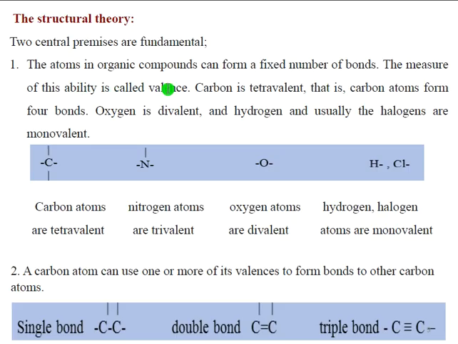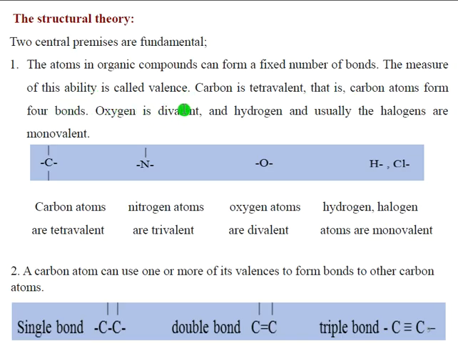Valence is the ability of the atom to make bonds with other atoms, to form what? To form molecules. Carbon is tetravalent, meaning carbon makes four bonds. Tetra means four.